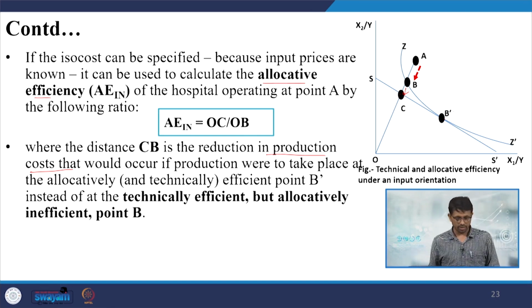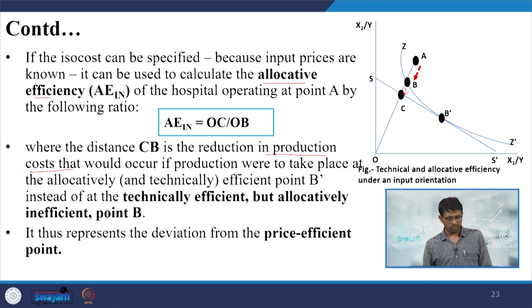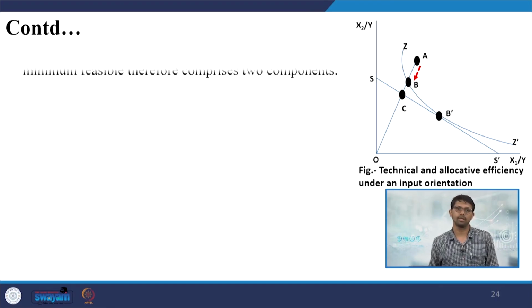Hence, the distance CB is the reduction in the production cost that would occur if production were to take place at the allocatively efficient point, that is B prime, instead of the technically efficient point, but allocatively efficient point, that is point B. Okay. So, I will further clarify, it thus represents the deviation from the price efficient point. So, we are now actually defining the price efficient point rather than the production efficient point.